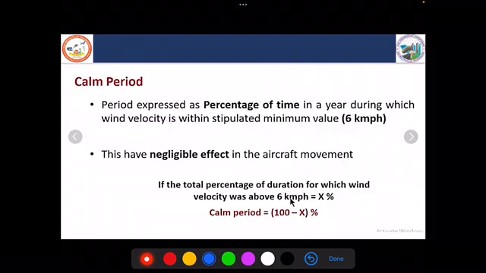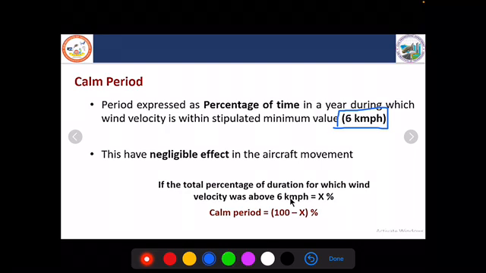Another important parameter required when we determine the runway orientation is the calm period. When the runway is oriented, we consider the wind which has an intensity or velocity of more than 6 kmph.